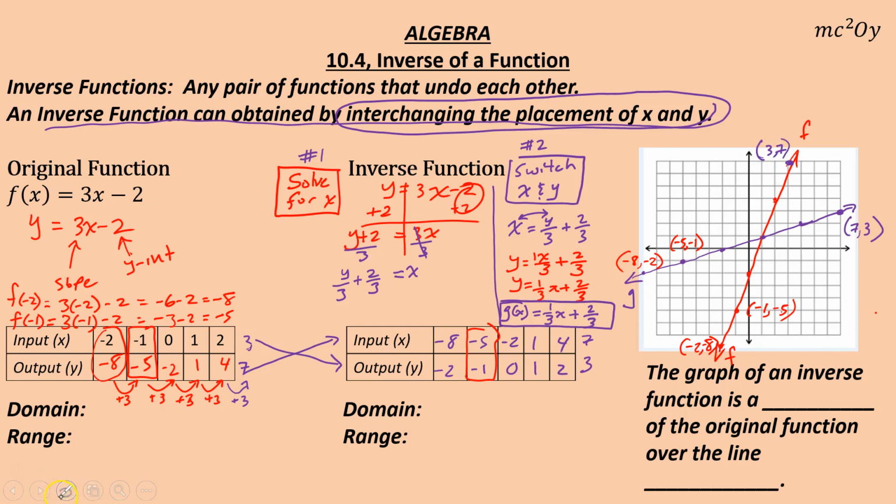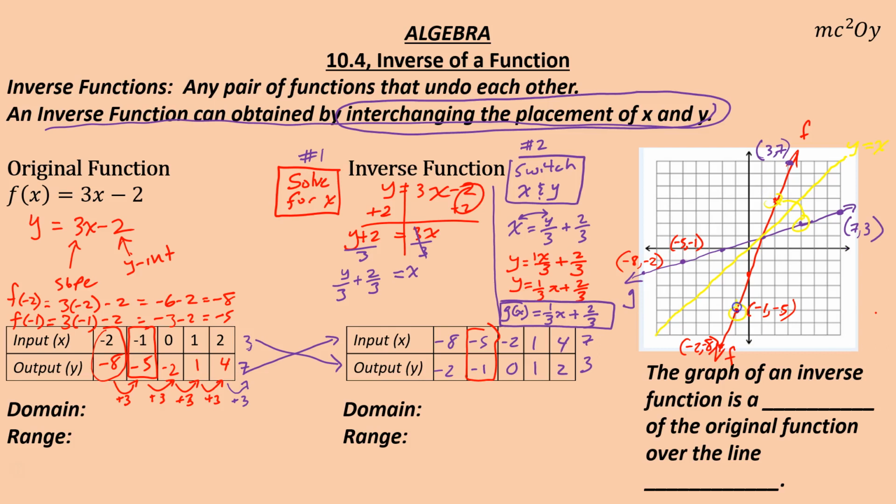The other thing to note is if I were to put in this line right here, this line is the line where you have the ordered pairs (1, 1), (2, 2), (3, 3), (4, 4), (5, 5), (6, 6). That's called the line y equals x. This point is a reflection over that line to that point.